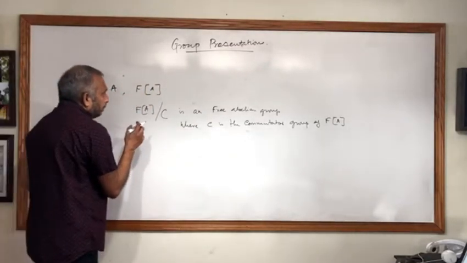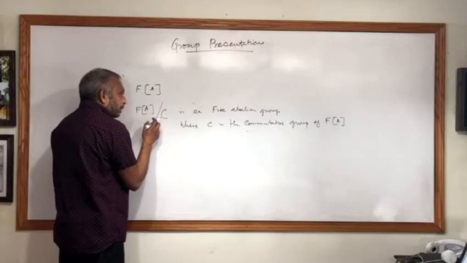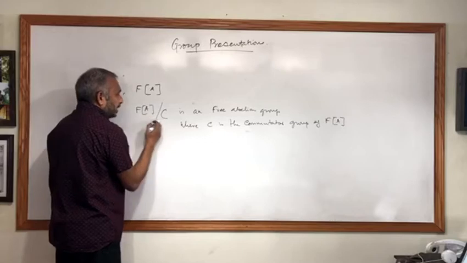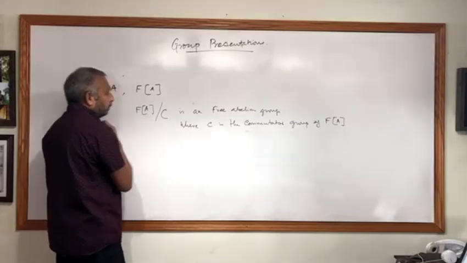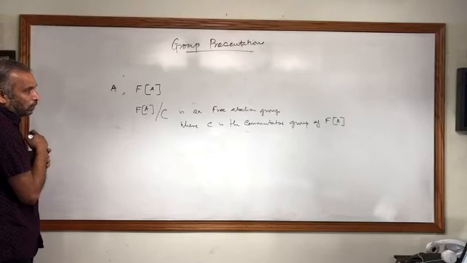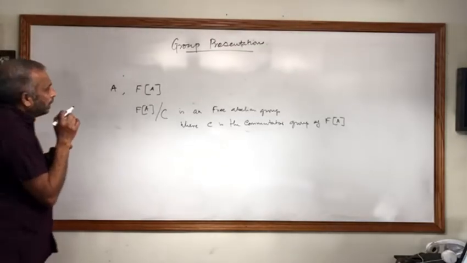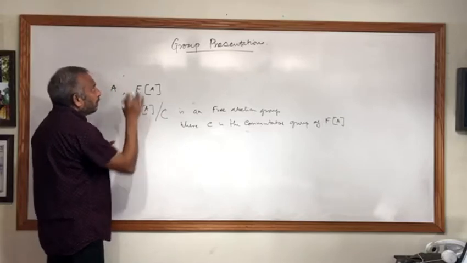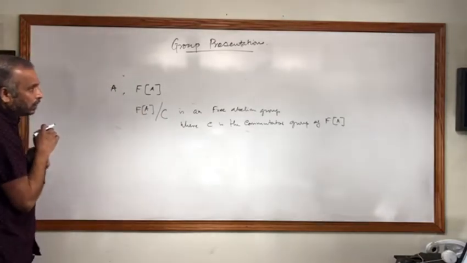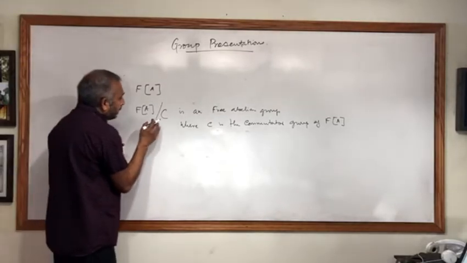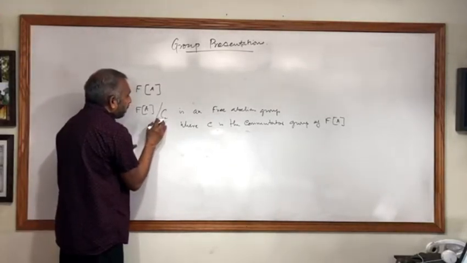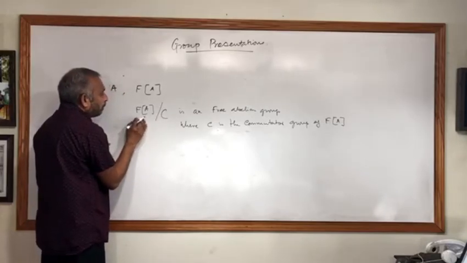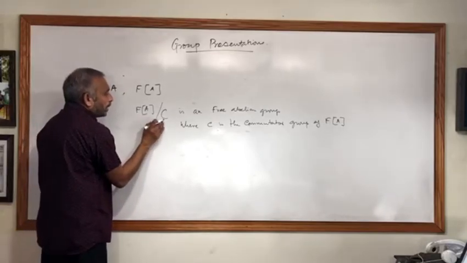See, the commutator group is a normal subgroup of F of A, and that is the reason why we could take the factor group or quotient group. We are going to generalize this for the group presentations. What we are doing here is actually taking the quotient of a group over a subgroup.